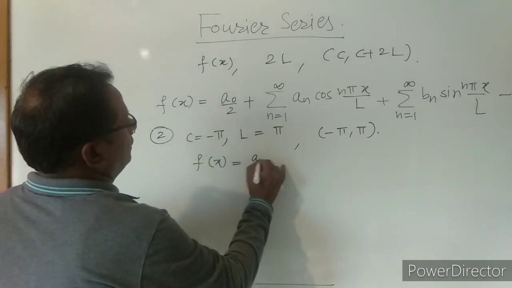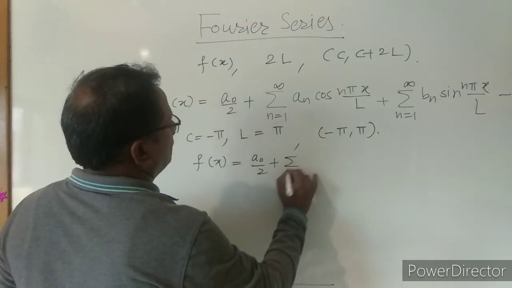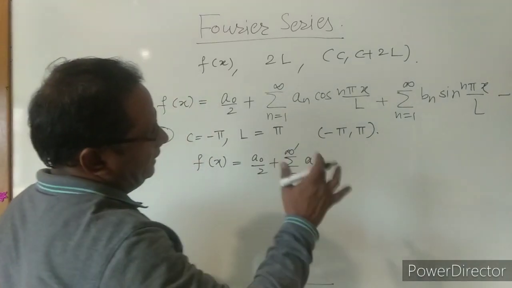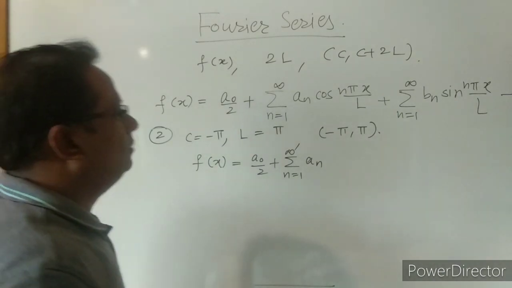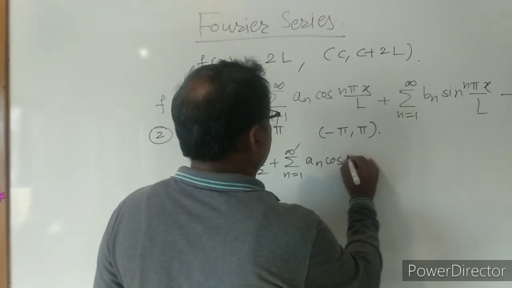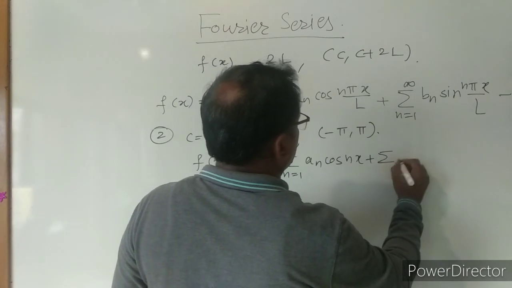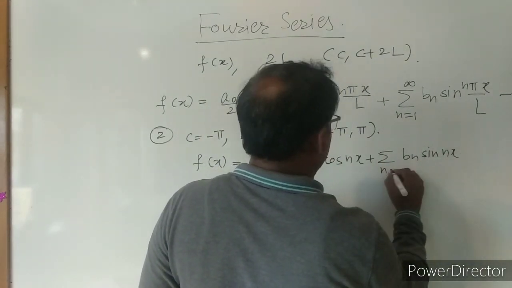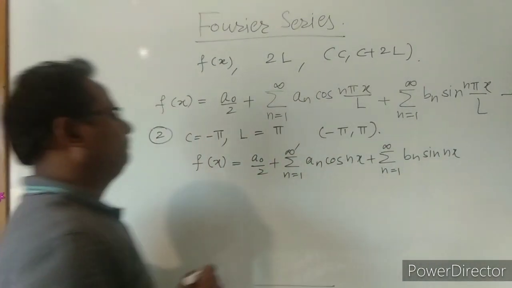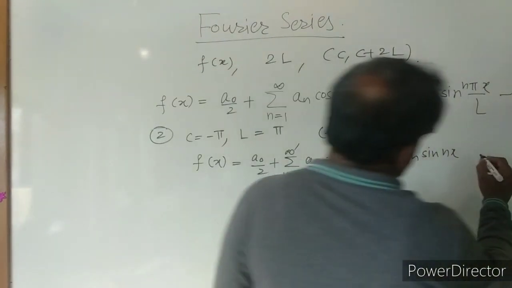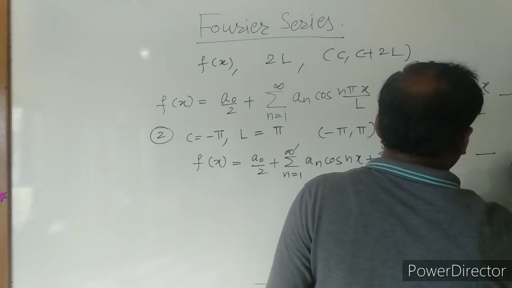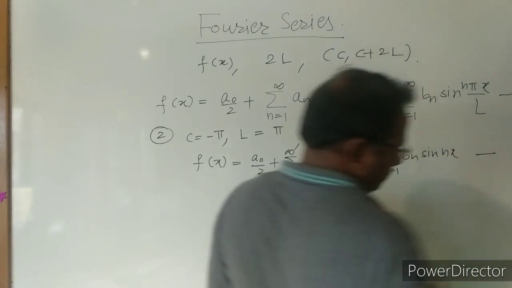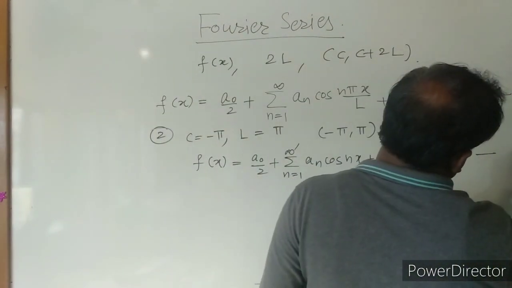F of x equals a0 by 2 plus summation n varies from 1 to infinity an cos n pi x upon L. Here L is pi again, therefore this is cos nx, plus summation bn sin nx, n varies from 1 to infinity. Okay, so give some number to this equation. Take 8.